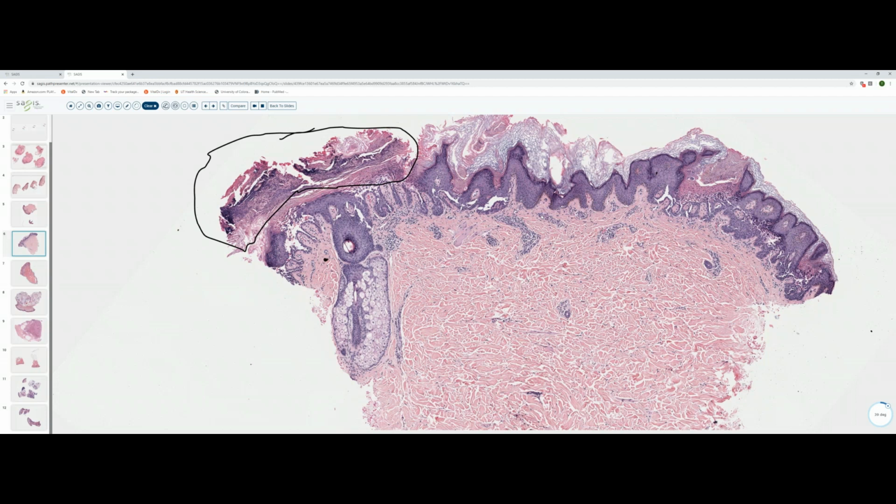When we look at mechanisms of intraepidermal blister formation, probably the most common one that we see is spongiosis, or intercellular edema, where the cells separate from one another and fluid accumulates. The clinical counterpart, of course, is a spongiotic or eczematous dermatitis.